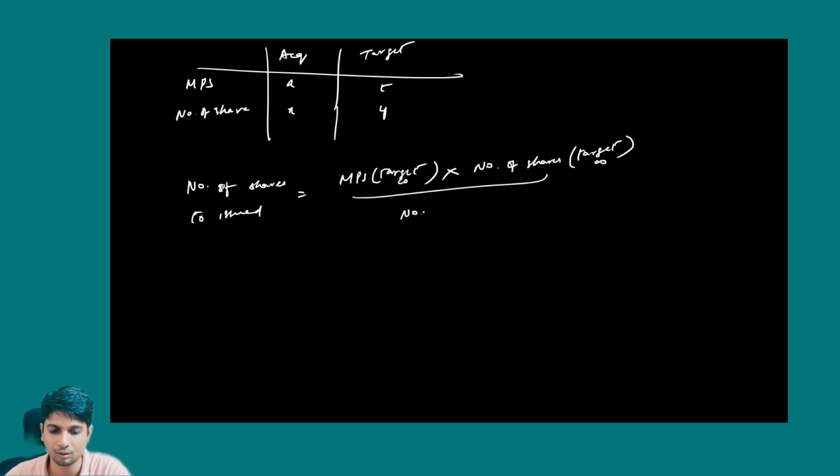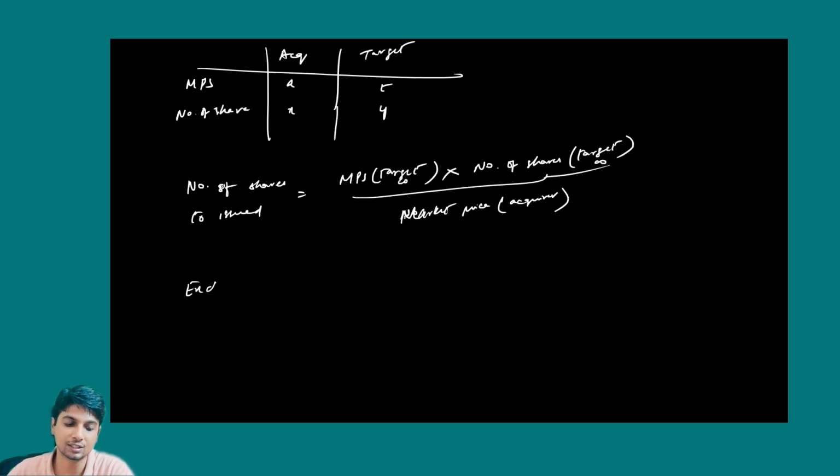divided by market price of acquirer, right? So this is how I'll get number of shares to be issued. If I have to find out the exchange ratio, that means I have number of shares of target. What is the exchange ratio?